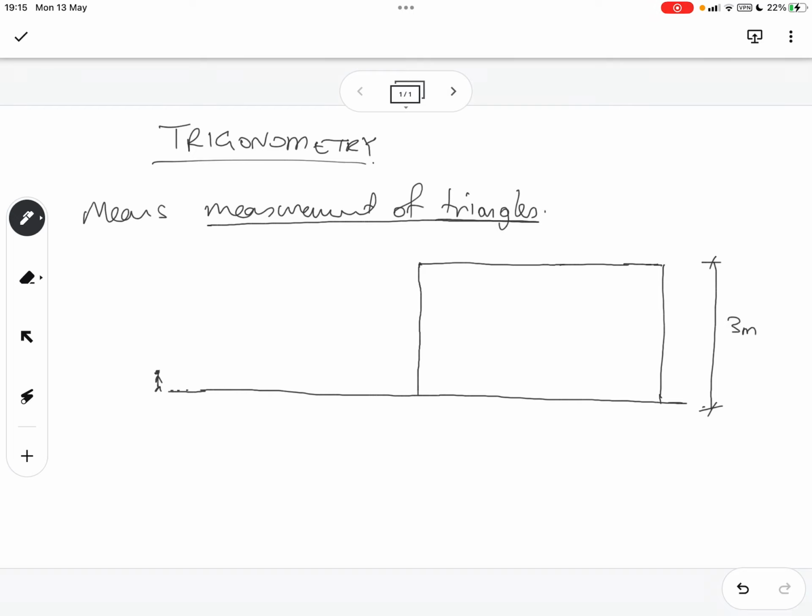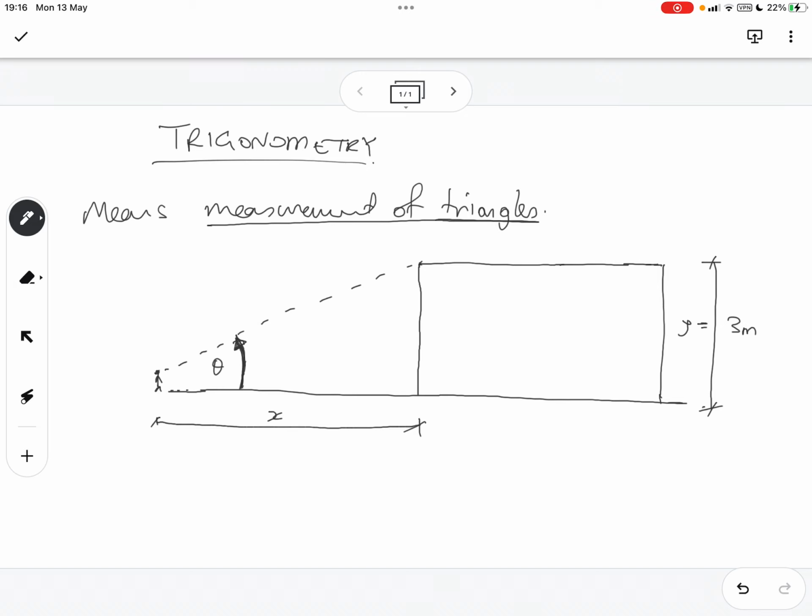And for some reason you're curious to find out, if I know the height of this tank from the ground, can I work out how far I am from this tank if I know the angle of inclination between the floor and my line of sight to the top edge that I can see on the tank?